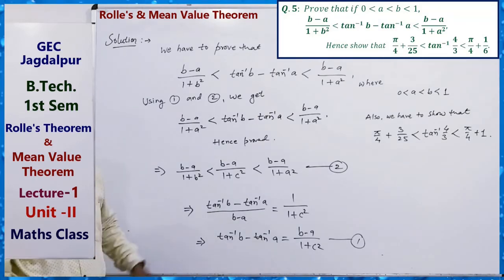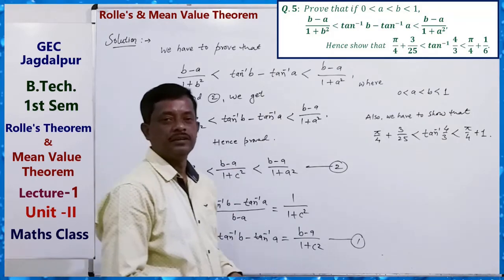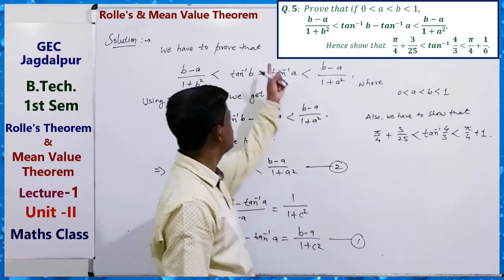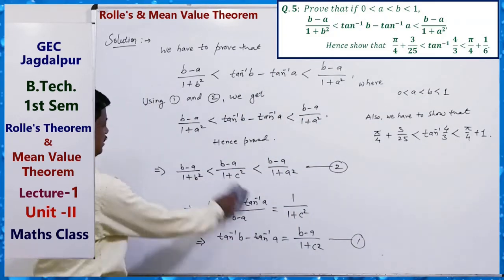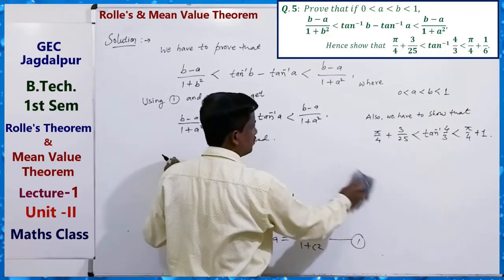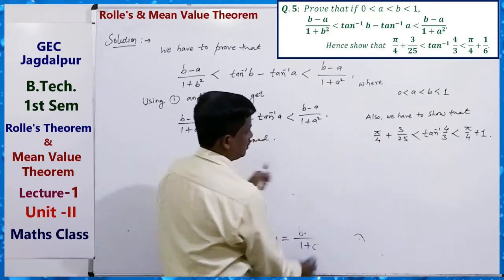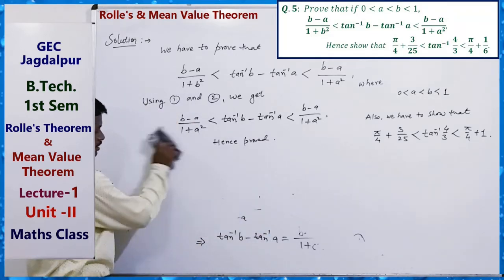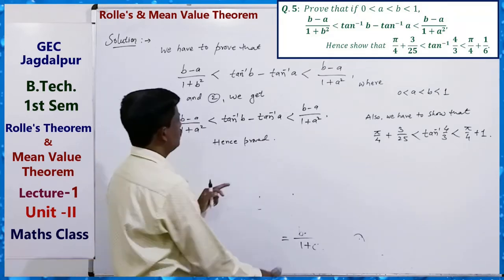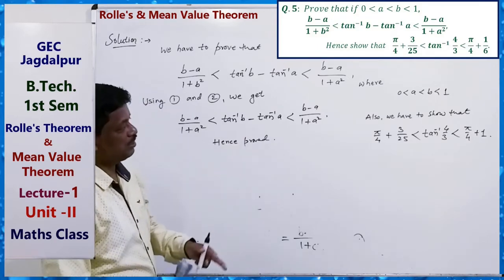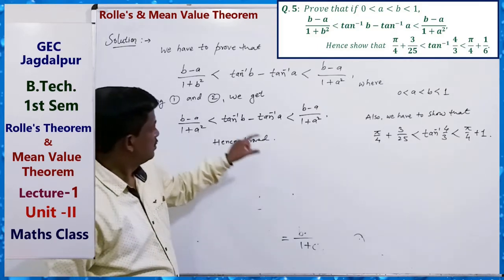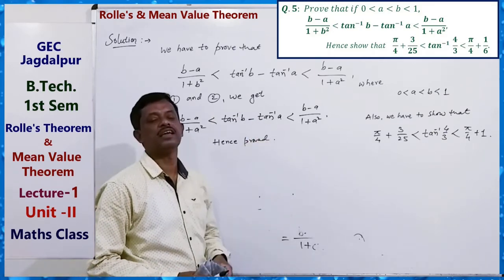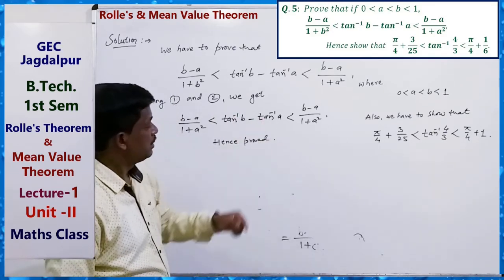Okay. So here we used the mean value theorem and also this condition for getting this type of relation. Now, what is the second part? We have to show that this is right. For getting this, we have to prove tan inverse 4 by 3. If b equals 4 by 3, and for solving it, take a equal to 1.